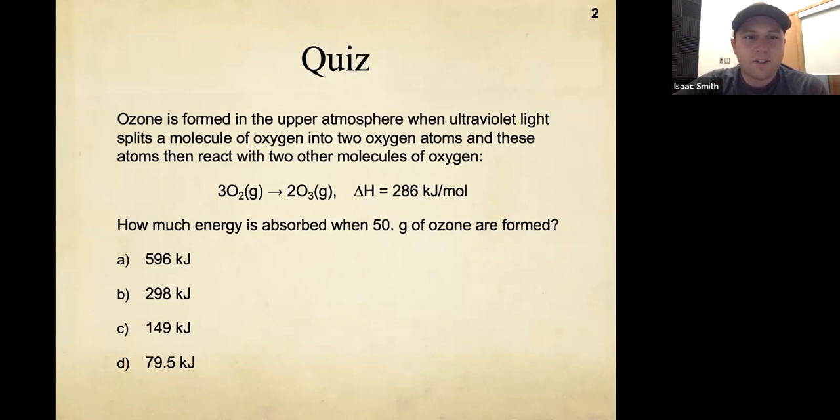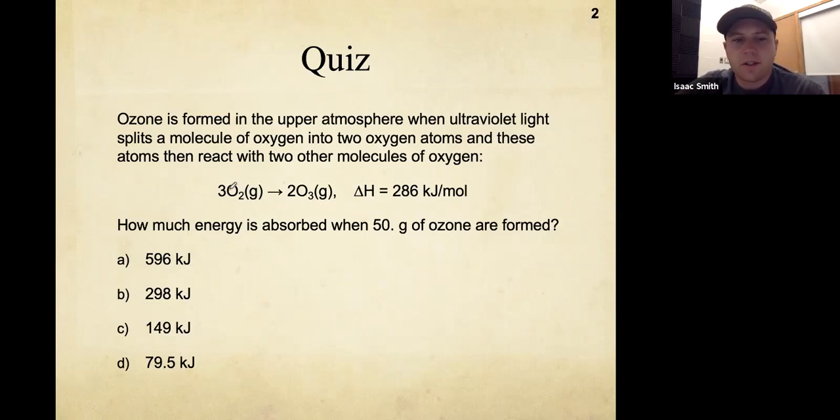The question is, ozone is formed in the upper atmosphere when ultraviolet light splits a molecule of oxygen into 2 oxygen atoms, and these atoms then react with two other molecules of oxygen. Ozone here is the product. So you take oxygen and you form ozone through this reaction.